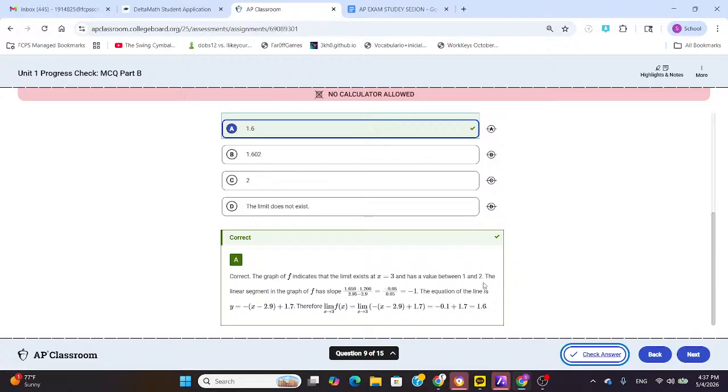The linear segment in the graph of f has a slope of (1.650 minus 1.700) over (2.95 minus 2.9). Oh, you need to do y2 minus y1 over x2 minus x1. You're telling me that? And then you get negative 1.